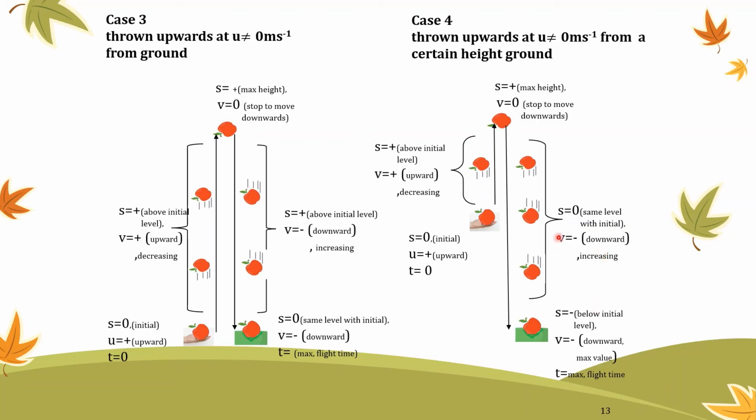As the apple moves down to the ground, the displacement will become negative and increasing because it is below the initial level, and our v also becomes increasing and negative because it moves downward. Here, our time is maximum and it is called the flight time.